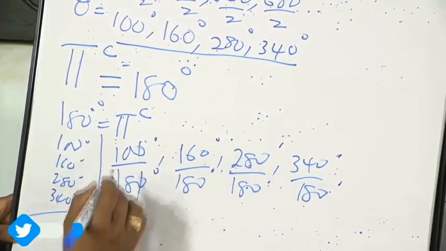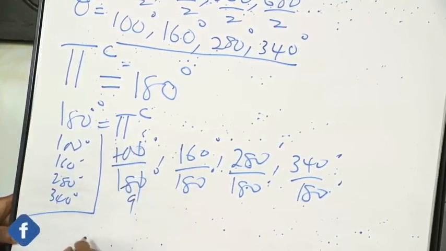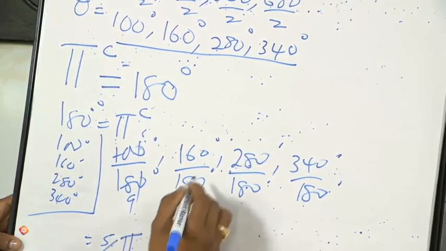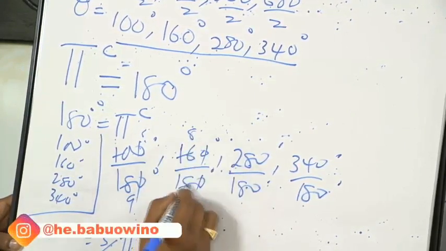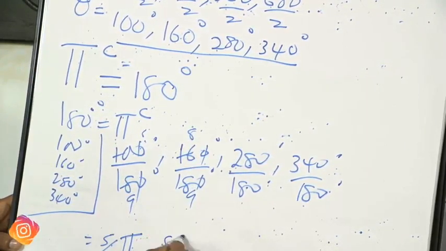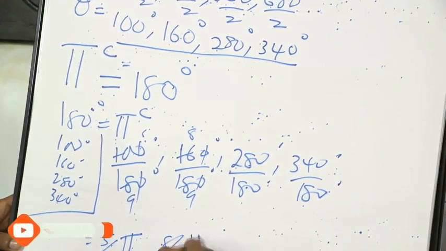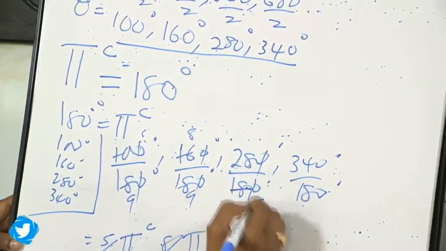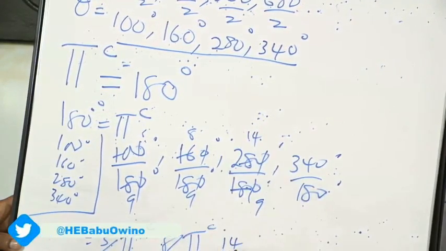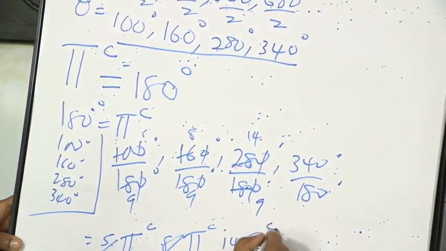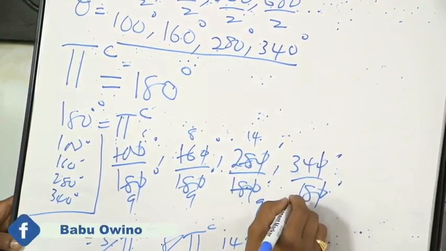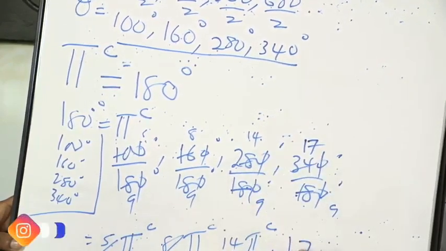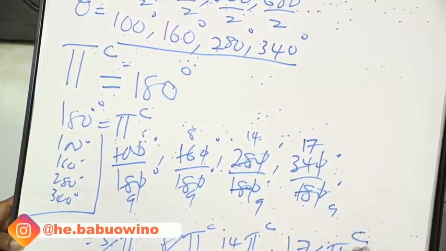When we simplify this further, 2 here 5, 2 here 9, so you get 5 over 9 pi. 2 here 8, 2 here 9, 8 over 9 pi radians. 2 here 9, 2 here 14, 14 over 9 pi radians. 2 here 9, 2 here 17, 17 over 9 pi radians.